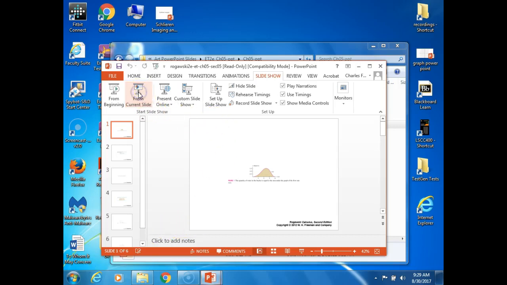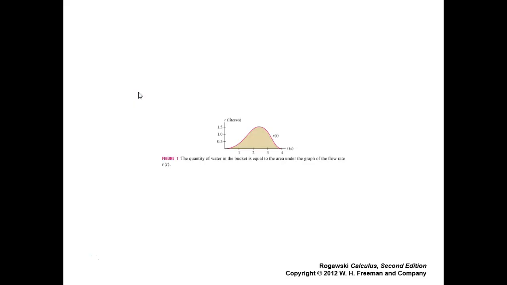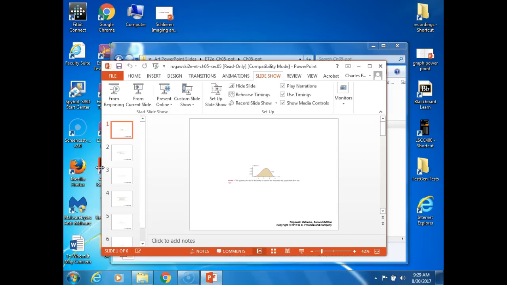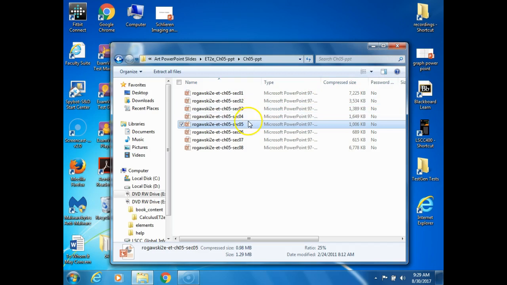Go from current slide. Oh no, that's not the right one. I should have been paying attention. That's not the section we're on now, so I need to go back and find out which one we are on. Is it 4 or 6? Let me see about 6. I don't think that's right either.